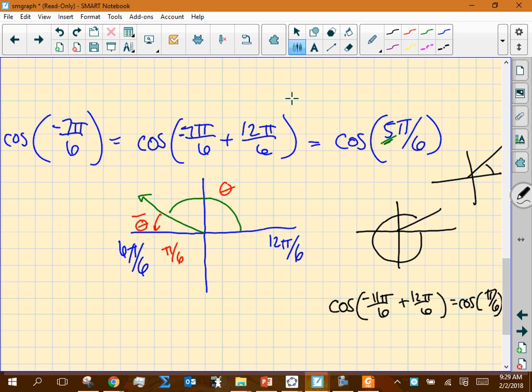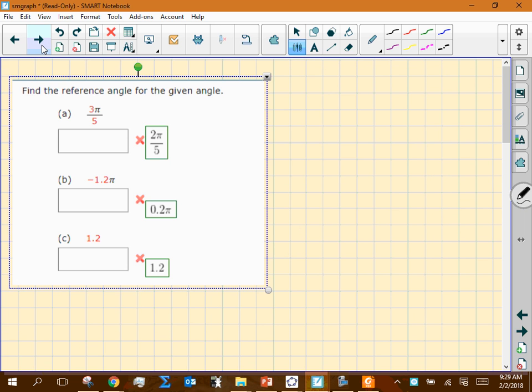Okay? Now, when you get to questions like this, and this is just asking reference angles, you want to do the same thing. If I've got my axes here, and right now my denominator is 5, right? So this is 2 pi over 1, so I'm going to rewrite that as 10 pi over 5, right?